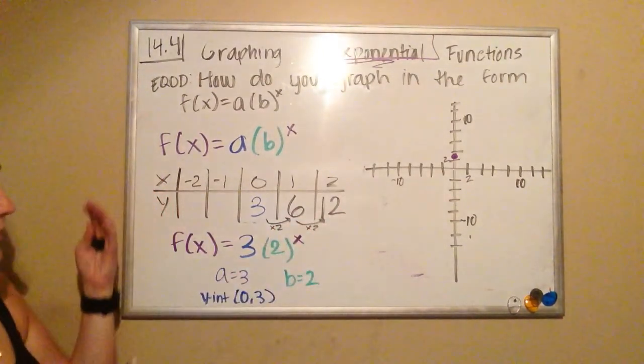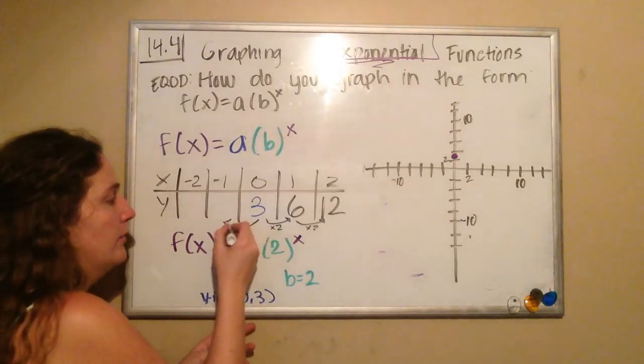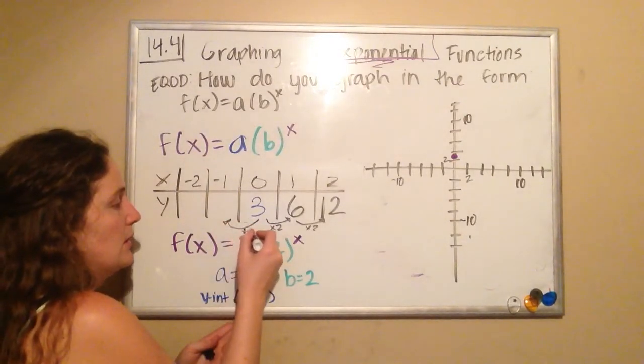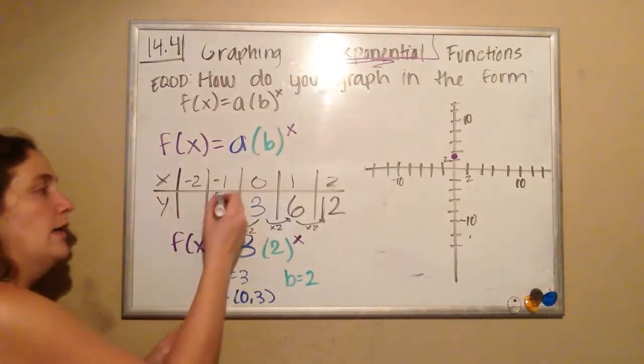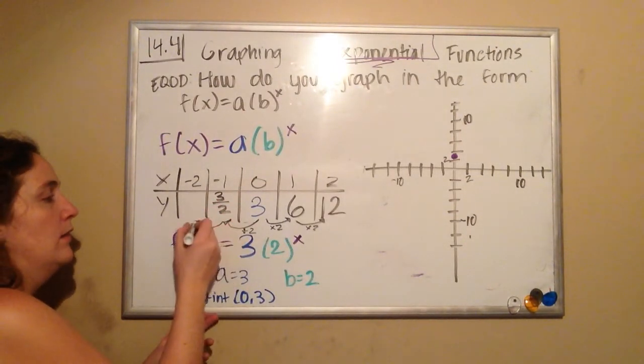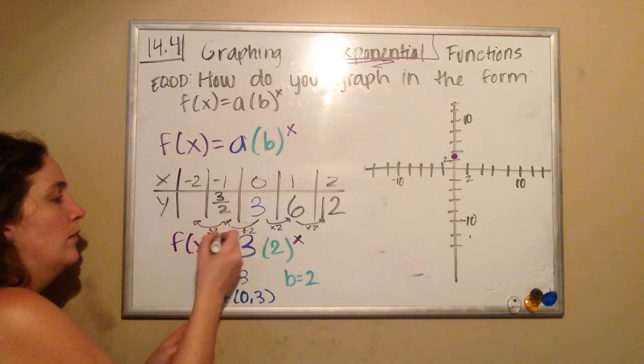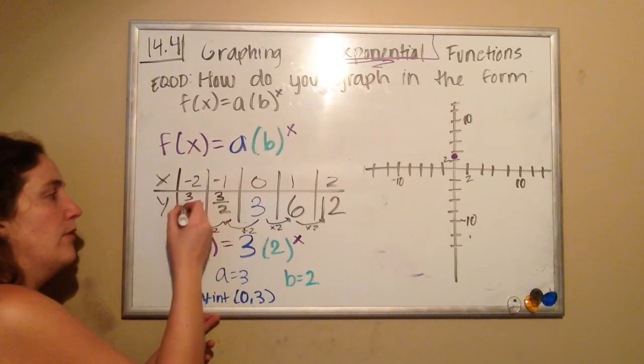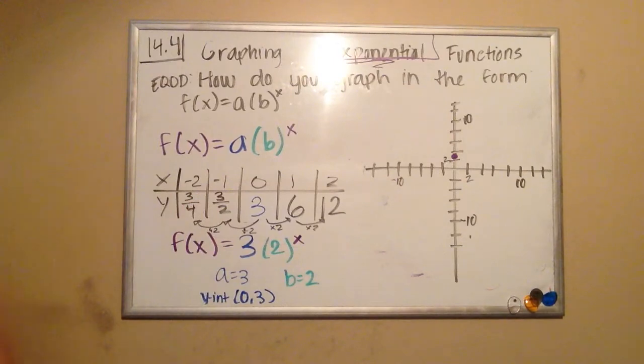So to work backwards, let's just divide by 2. Instead of plugging it in, I'm just going to divide by 2. Okay, I get 3 over 2, or 1.5. Divide by 2 again. You get 0.75, or 3 over 4. Okay. And there's my xy coordinates that I'm going to graph.